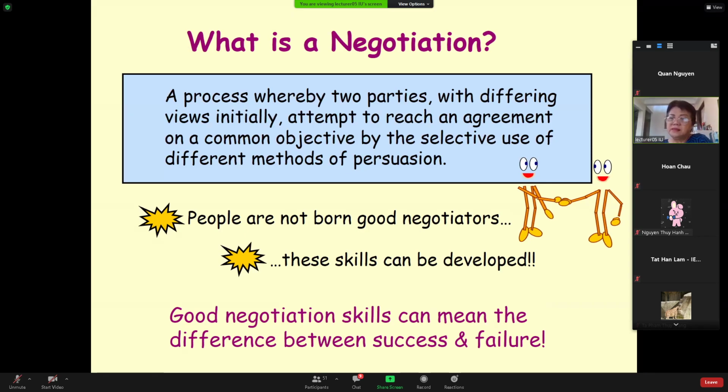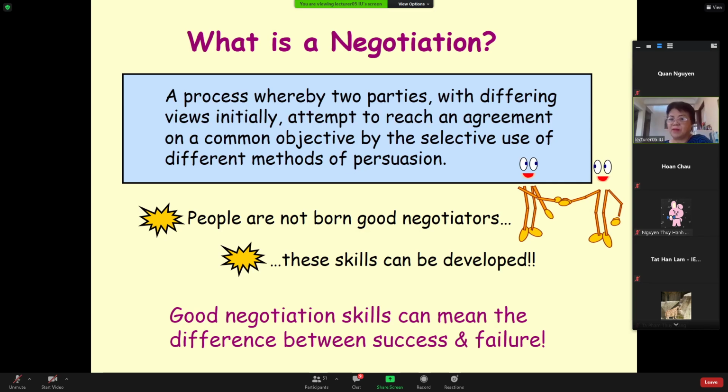Negotiation is a process, no doubt, where two parties with different views initially attempt to reach agreement on a common objective by a selective use of different methods of persuasion.